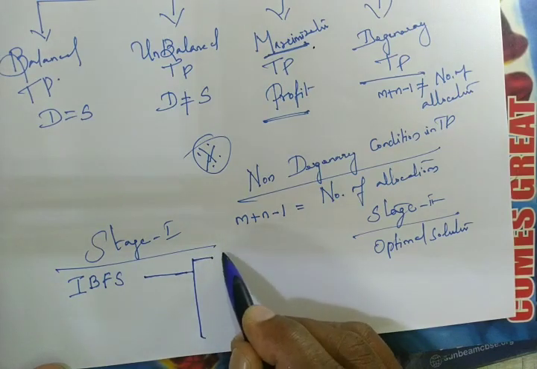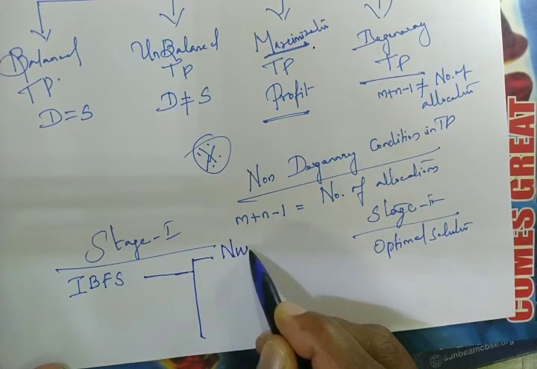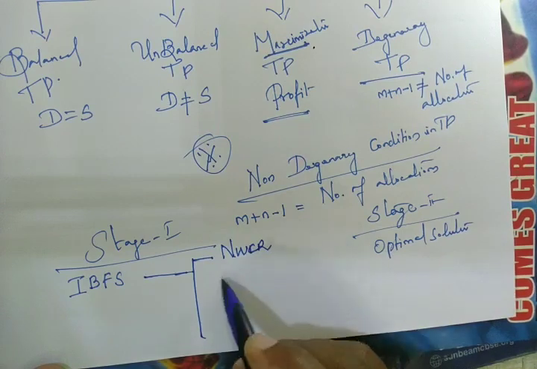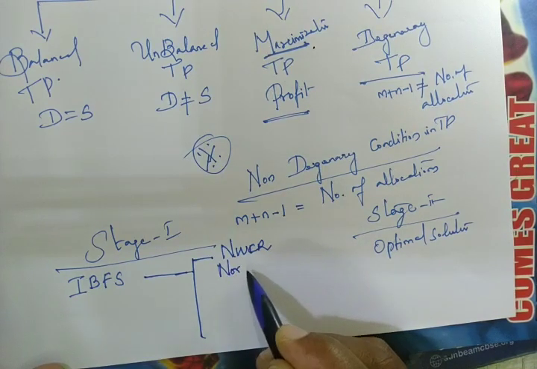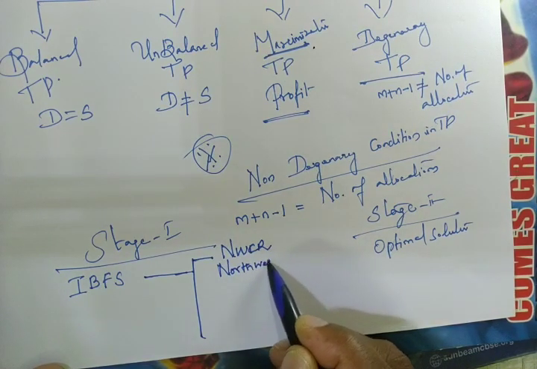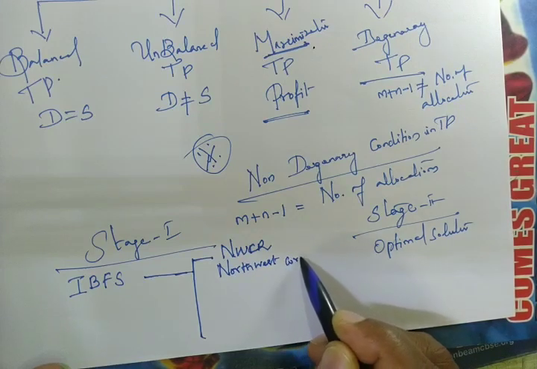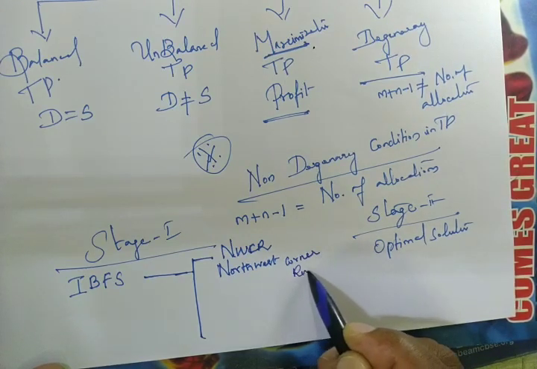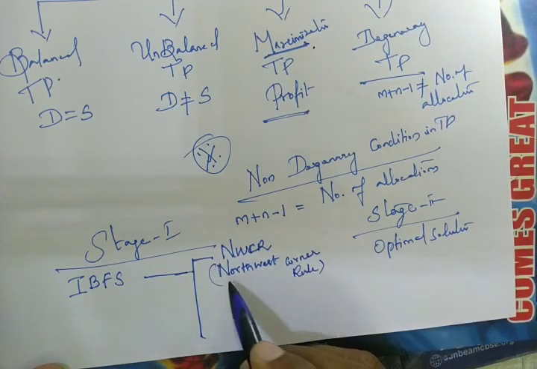The names of the methods: the first is NWCR, that is North West Corner Rule, the first letter of each word.